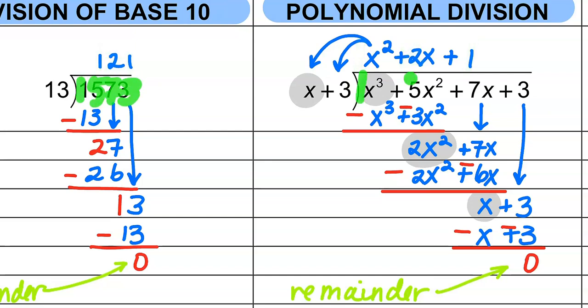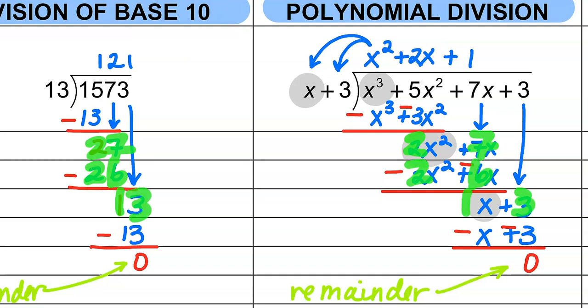This is 1, 5, 7, 3. Are we good? Notice 1, 3, 1, 3, and it's subtracted, and you can see the subtraction there and there. 2, 7, 2, 7, 2, 6, 2, 6, 1, 3, 1, 3, 0, 0. The numbers matched all the way down.